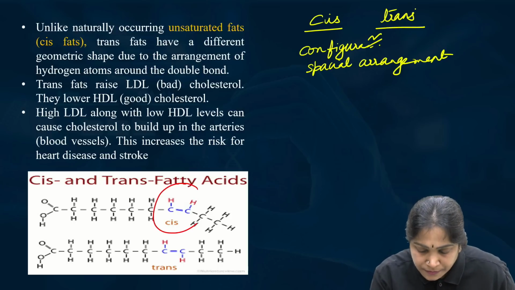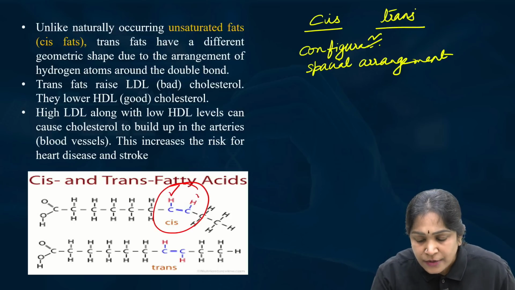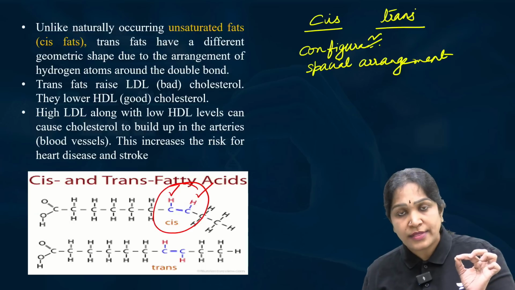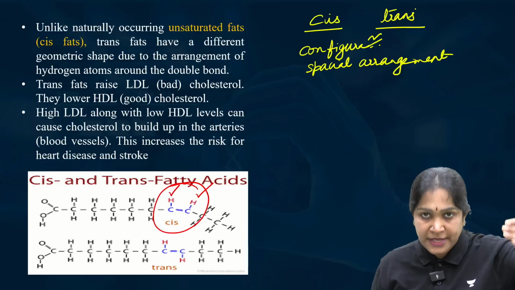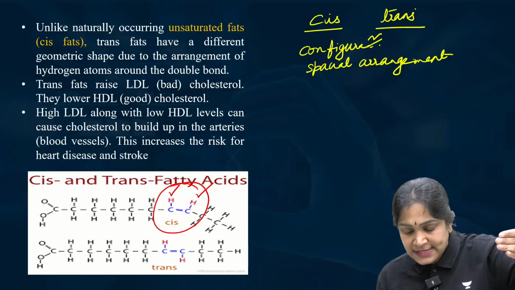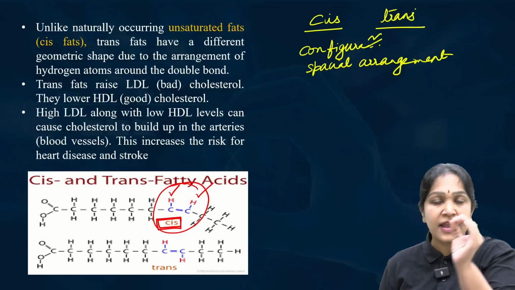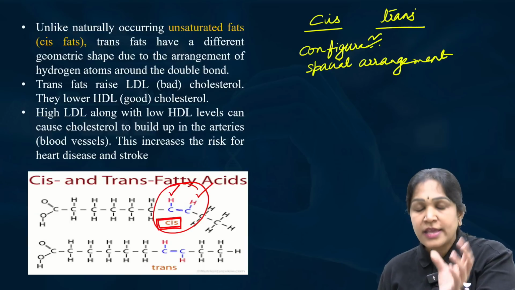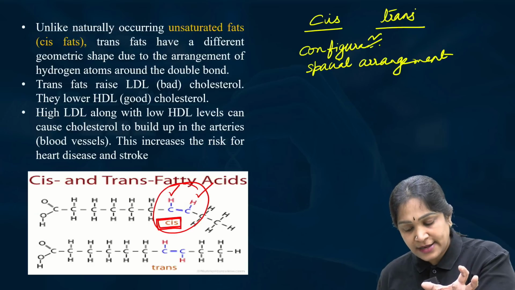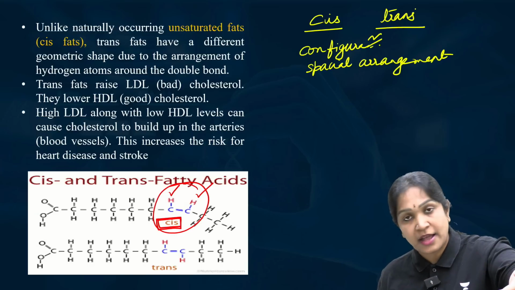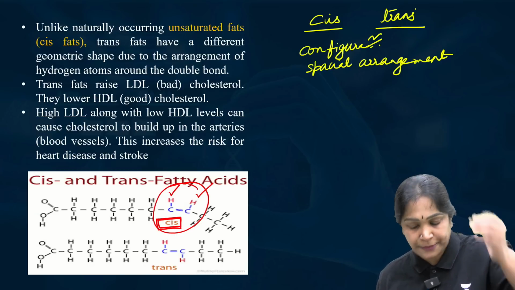Look here. If the two hydrogen atoms are added on the same side of the carbon chain after the hydrogenation process, it is called cis fat.